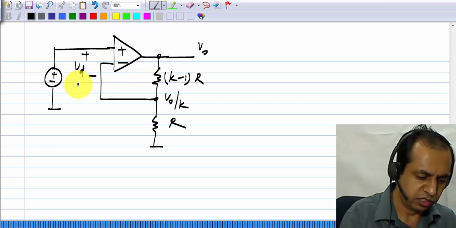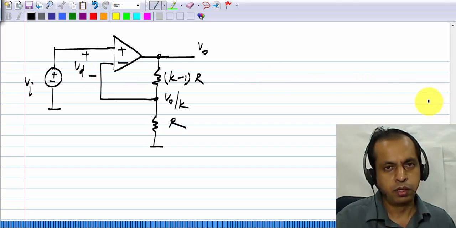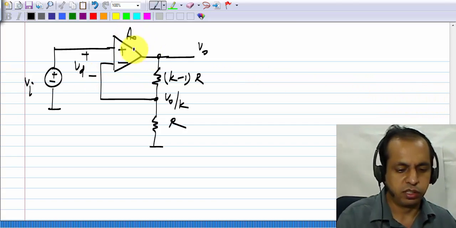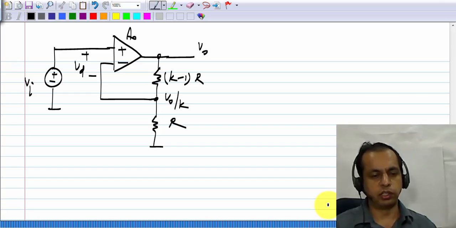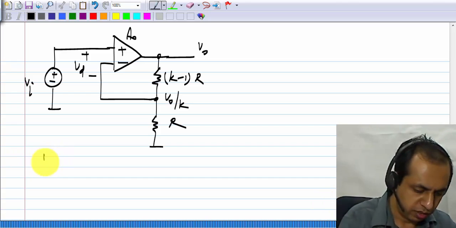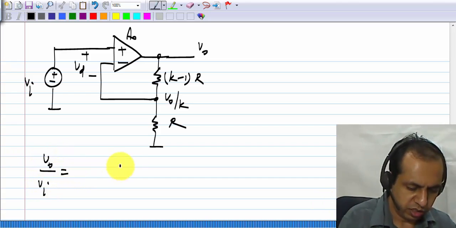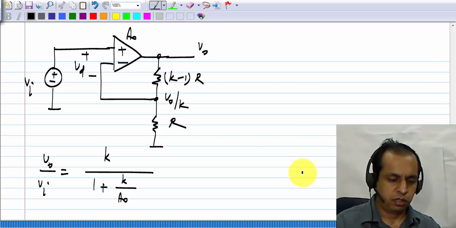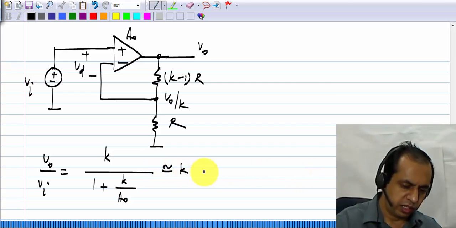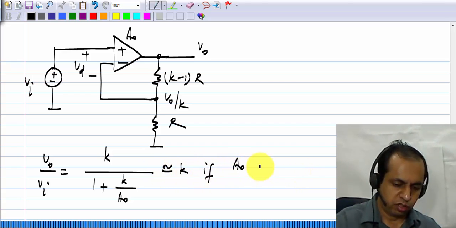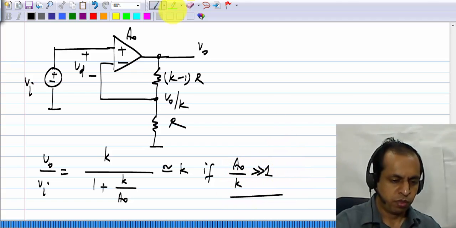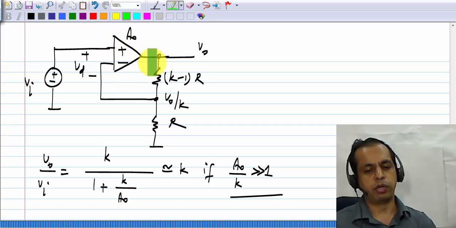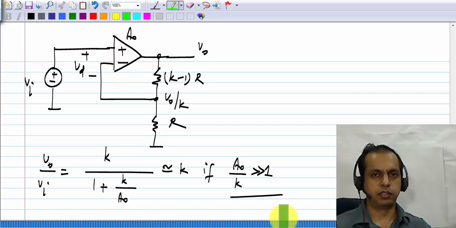So that's Vd, that's Vi. And if the op-amp's gain is A naught, that is, if the voltage controlled voltage source inside the op-amp has a gain A naught, then V naught by Vi equals K divided by 1 plus K by A naught, and this will be approximately K if A naught by K is much more than 1. Essentially, A naught, the gain of the op-amp, has to be very, very large.